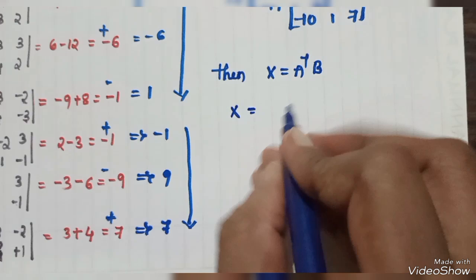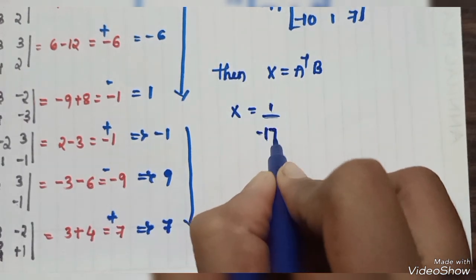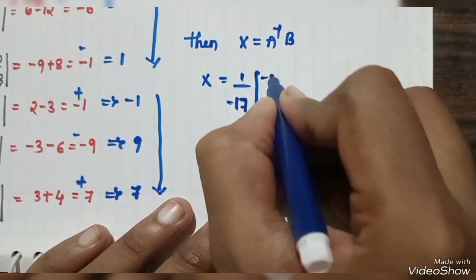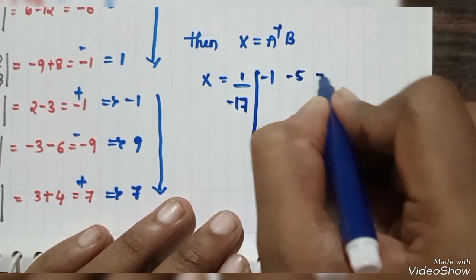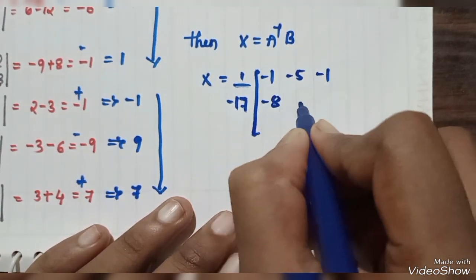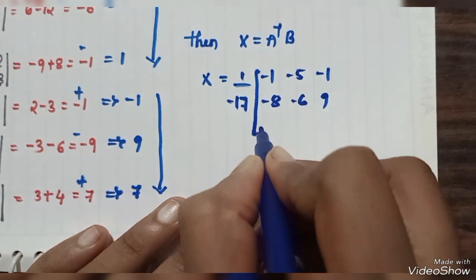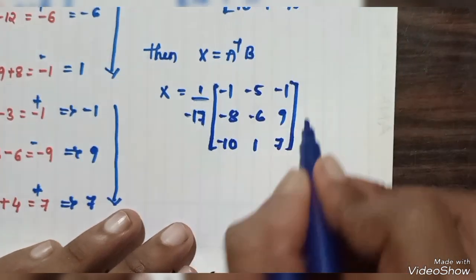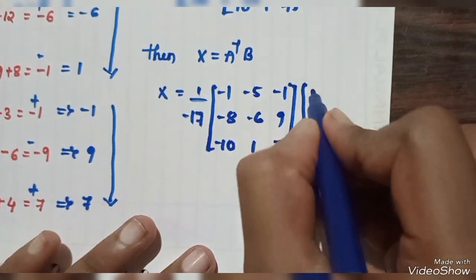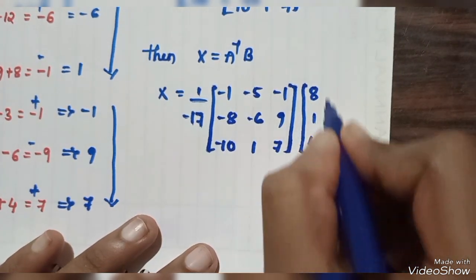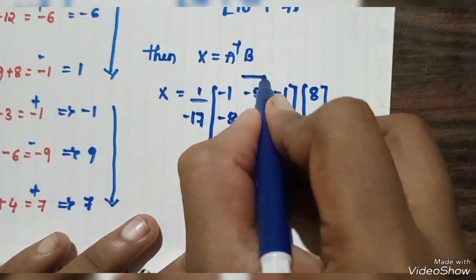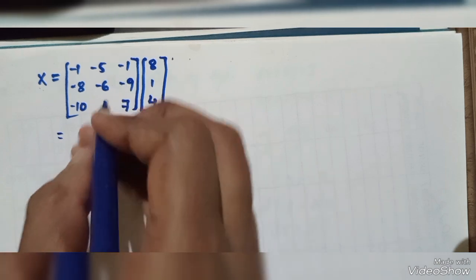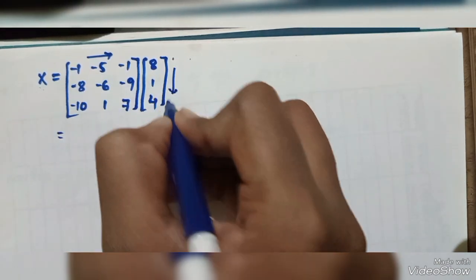X is equal to 1 divided by minus 17 into the matrix minus 1, minus 5, minus 1, minus 8, minus 6, 9, minus 10, 1, 7, into the B matrix, that is 8, 1, 4. Multiply now, row by column.